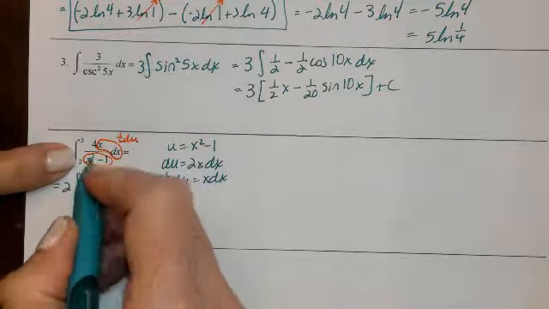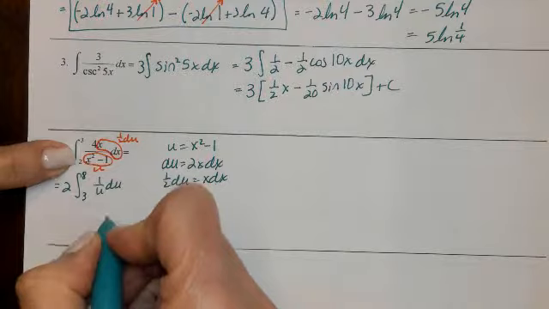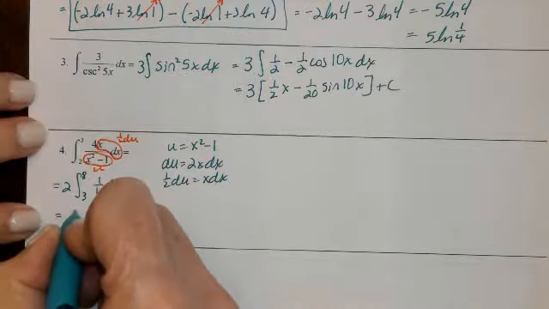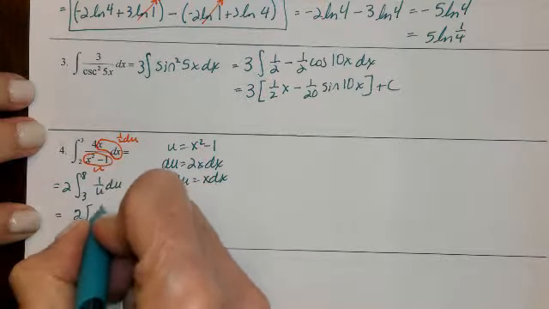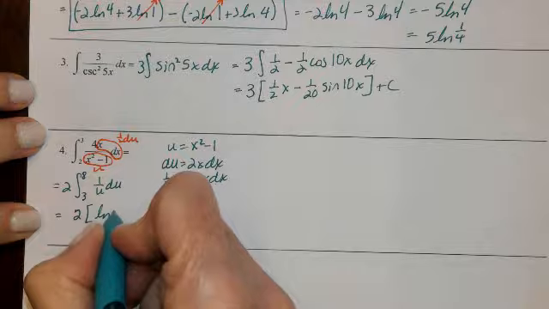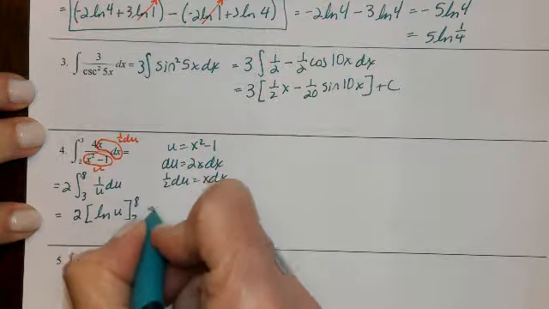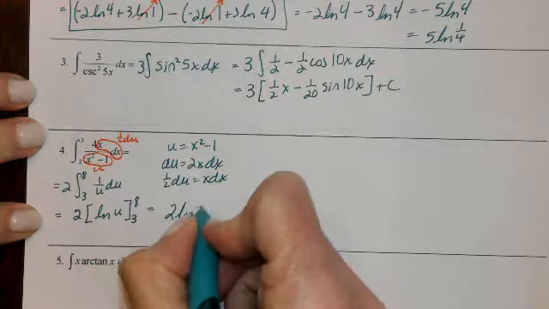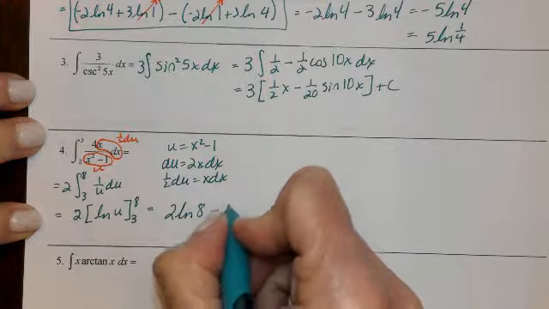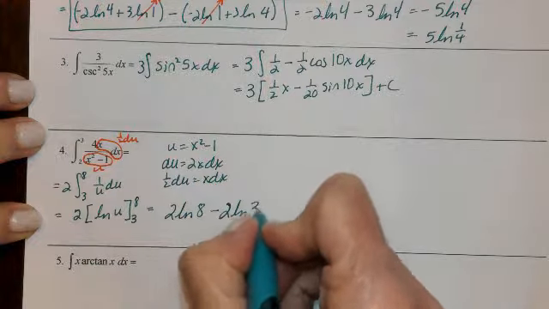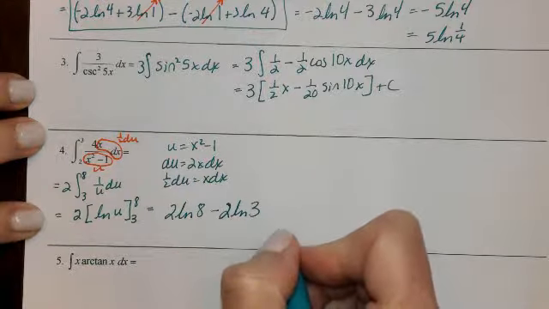So our new lower boundary is a 3. So we have 2 times natural log of u going from 3 to 8. That's 2 natural log 8 minus 2 natural log 3, right?